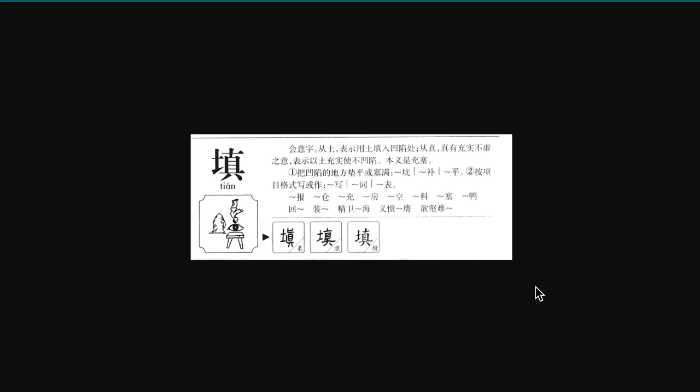So they do that to mean what? To mean that it's a way of making a fake become real, making a void become solid. Okay, to make something that has nothing become something, to have something. Okay, so this is called a 填.